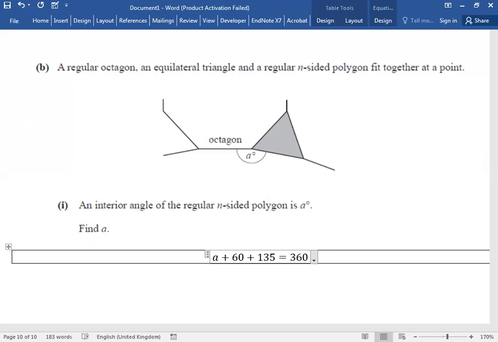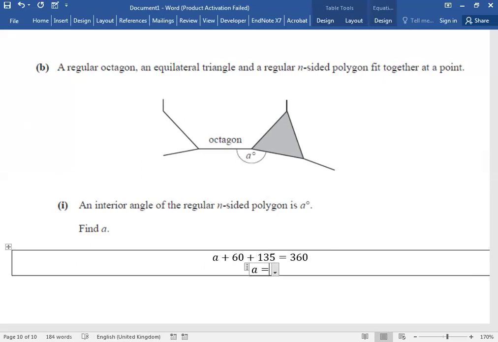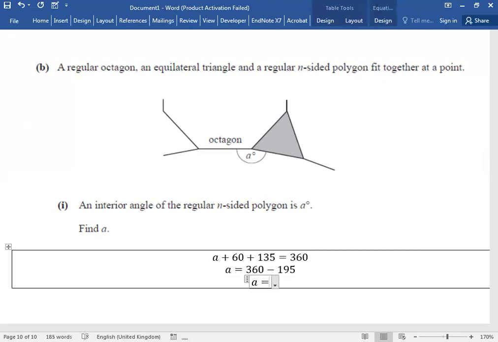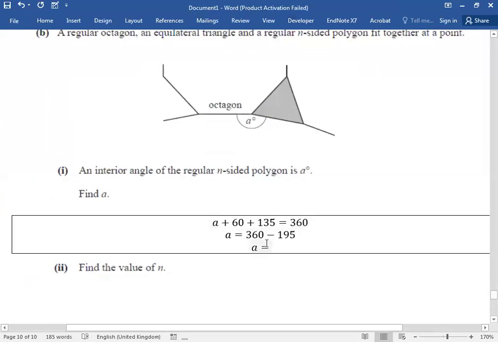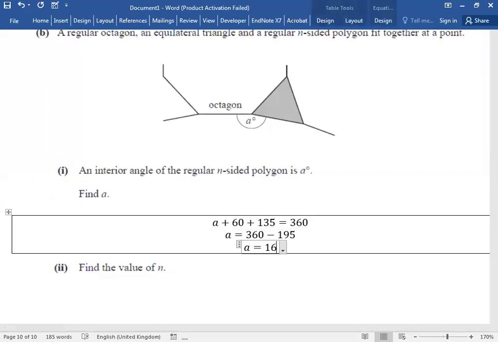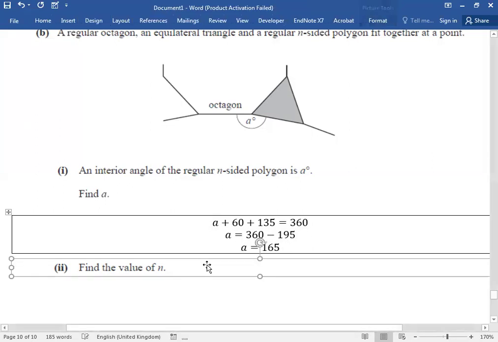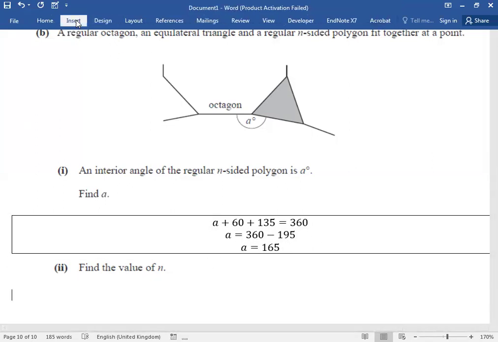A plus A is 360 minus 195, which is 165. So if the interior angle is 165, what is the exterior angle?